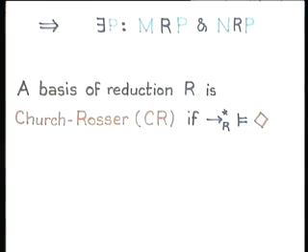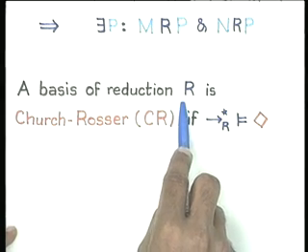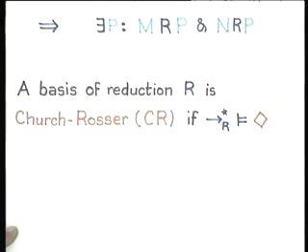From that one step reduction you take the reflexive transitive closure, you get a many step reduction. And if this many step reduction satisfies the diamond property, then you would say that the original basis of reduction is Church-Rosser, or satisfies the Church-Rosser property.